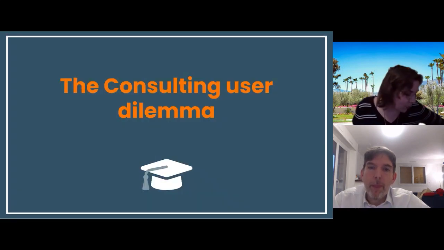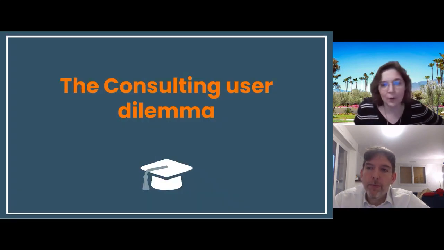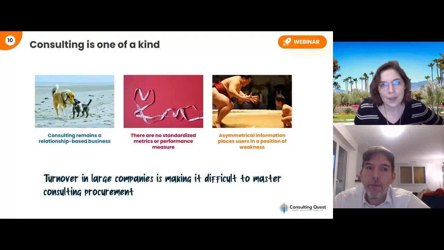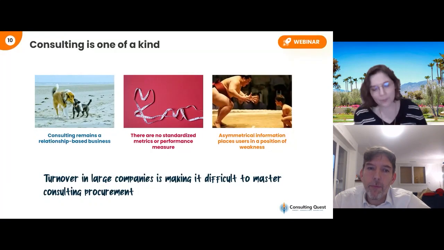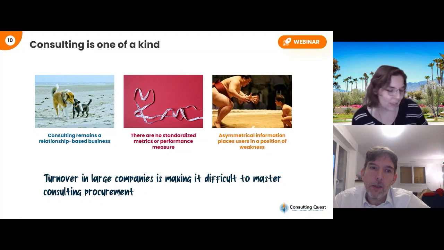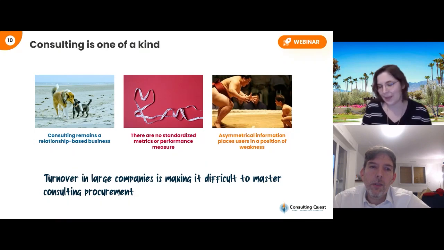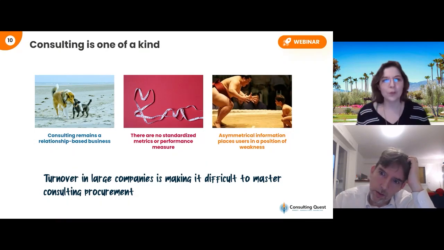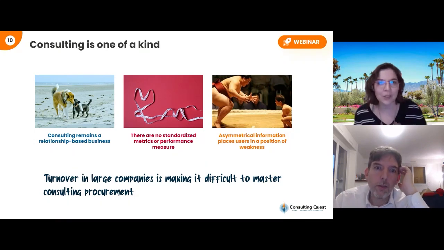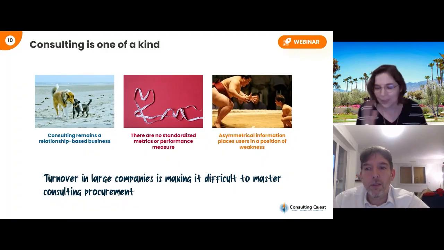So let's now talk about what it means for the consulting user. So one of the things that we see is that consulting is an unusual category for procurement, let's say. First, it's still a relationship-based business, and it will remain so, even if we see things about AI replacing consultants.